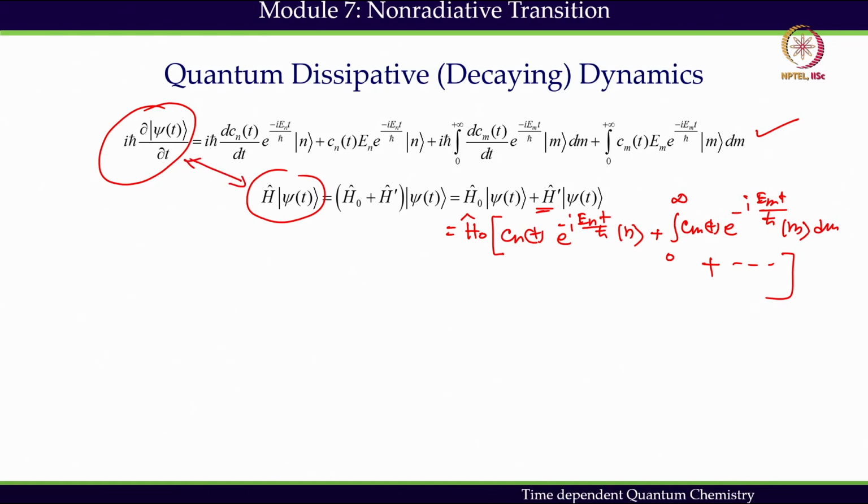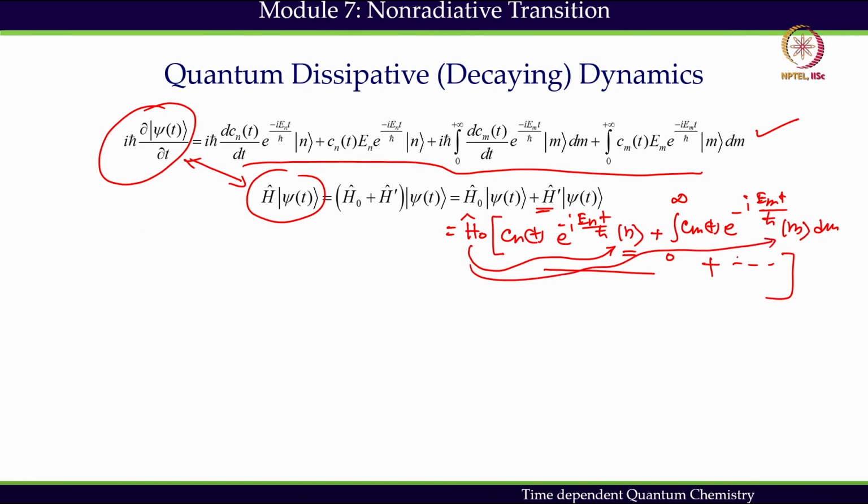If we equate them, then this part would be equal to this part, and one can now employ this operator on this n state, and we know that it is going to be an eigenvalue equation. Again, this operator on this m state will give the eigenvalue equation.